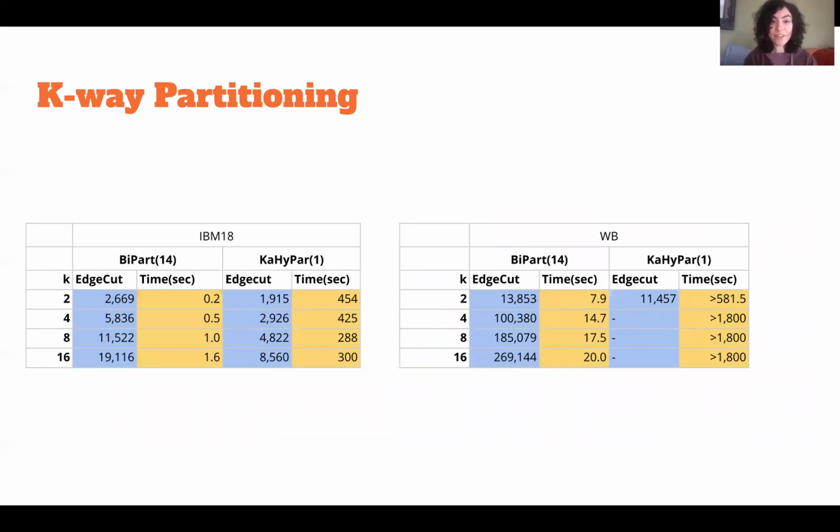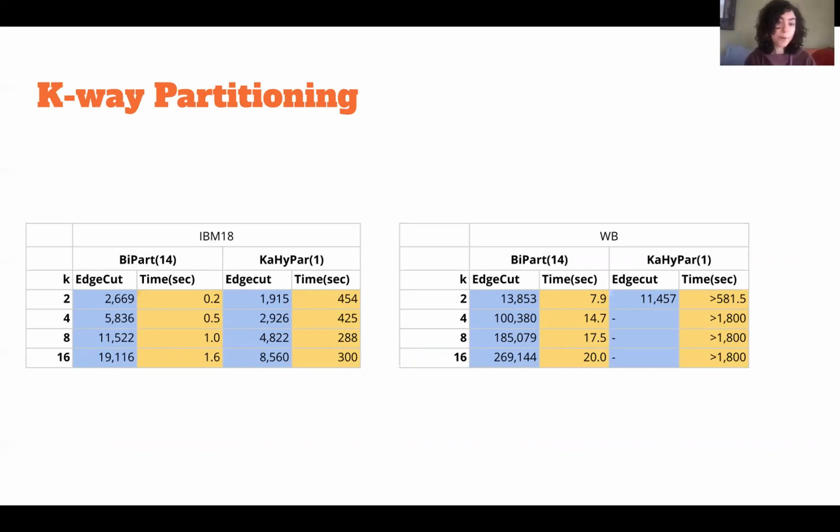Here are results for k-way partitioning. We chose 2 of our hypergraphs to run this k-way on, IBM 18 and WB, which is a larger hypergraph. We compare our results only with K-Hyper because Zoltan is not deterministic and Hype is always producing worse results in terms of both runtime and quality compared to Bipart.